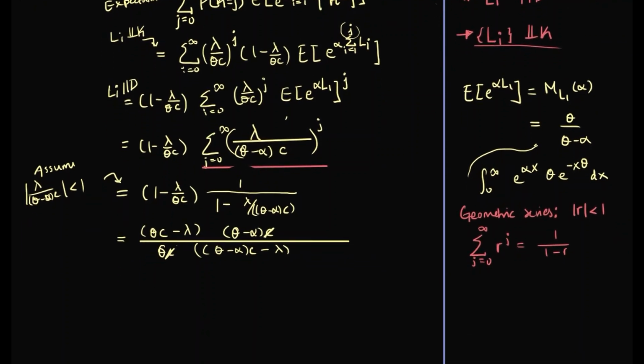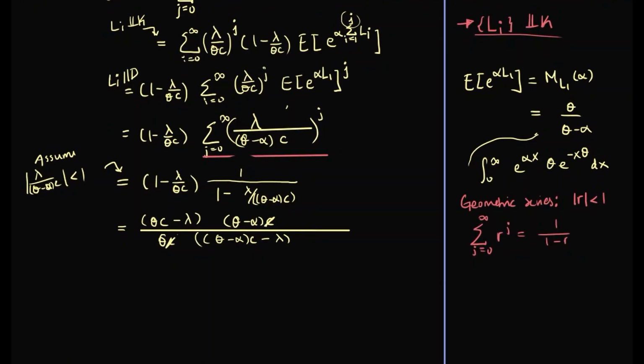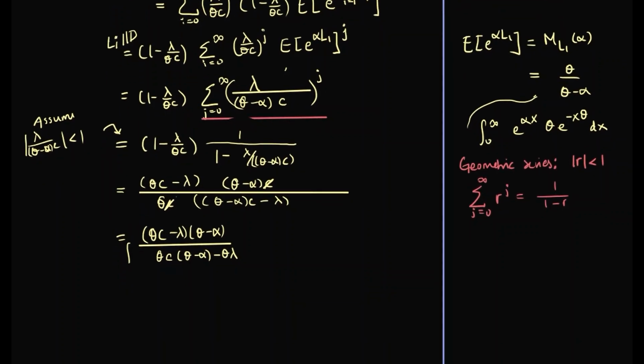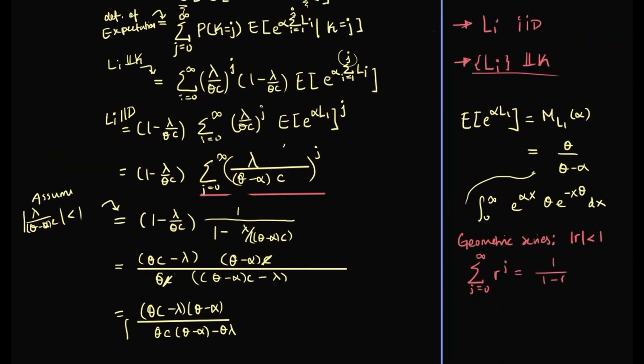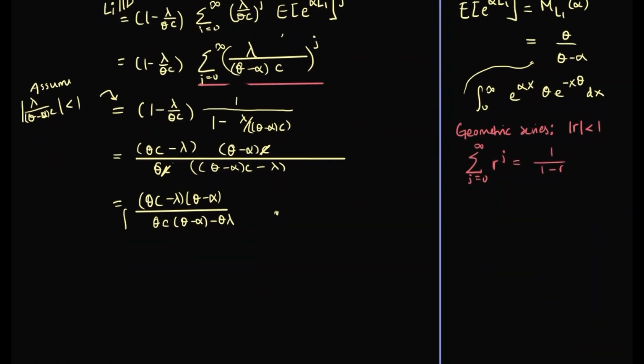If you then let the c's cancel and multiply the theta inside the parenthesis, then we have this expression. Note that this comes with a caveat. The moment generating function for S is only finite if this sum is finite, and that requires this thing inside here to be numerically smaller than 1.